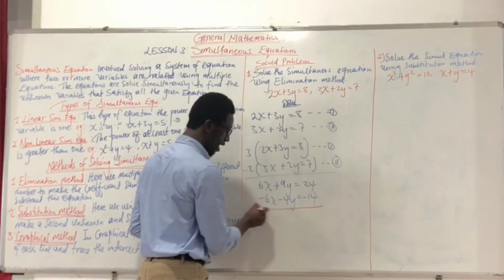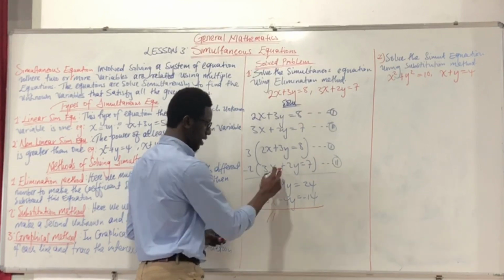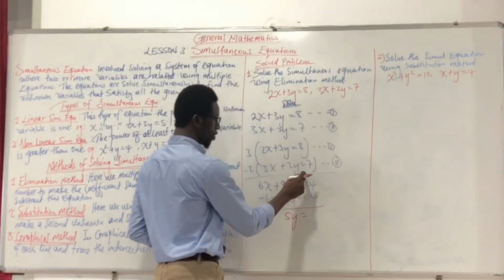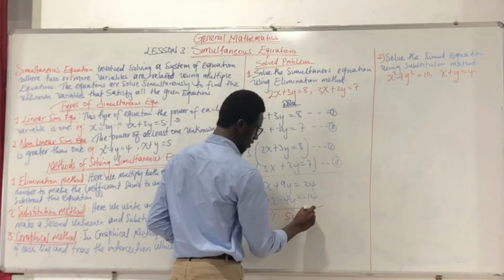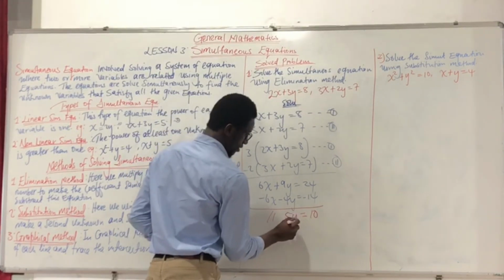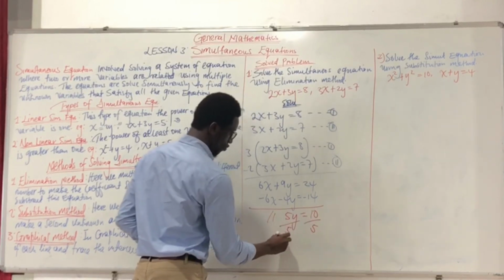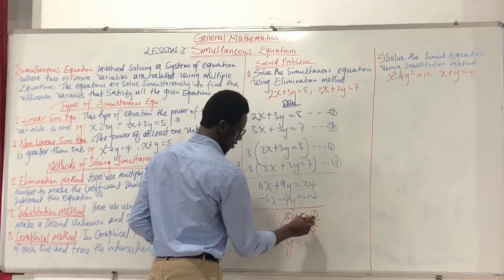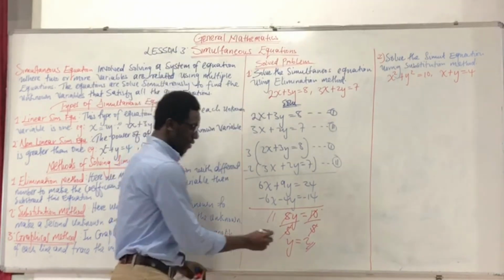So definitely we cancel the x terms, then this gives us 5y equals 24 minus 14, which is 10. So we make y the subject by dividing both sides by 5, so our y will be 2, because 10 divided by 5 gives you 2. So now our y is 2.